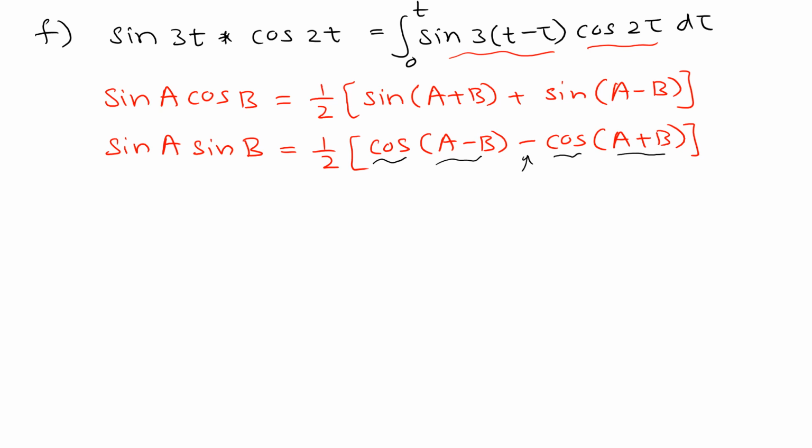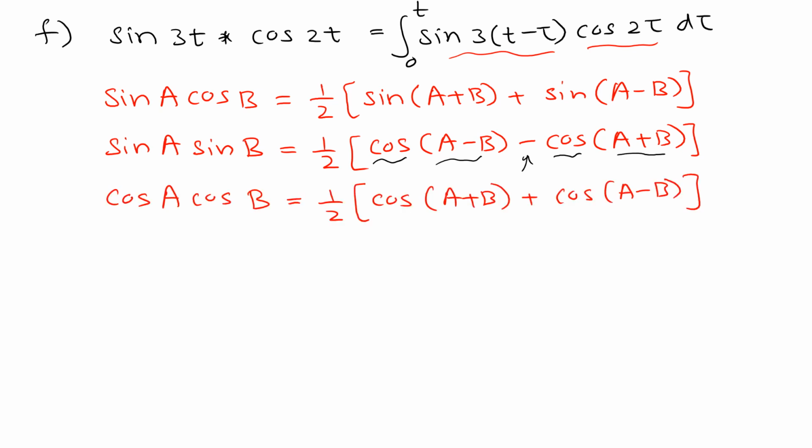Now let's see what happens if we have cosine cosine. You can see it is again both cosine. When you have the same type, they are cosines. That's one thing you can remember. This is very similar to the first one. The first one has sine sine, the second one has cosine cosine. So the easy way to remember: when you have the same type, they are cosine.